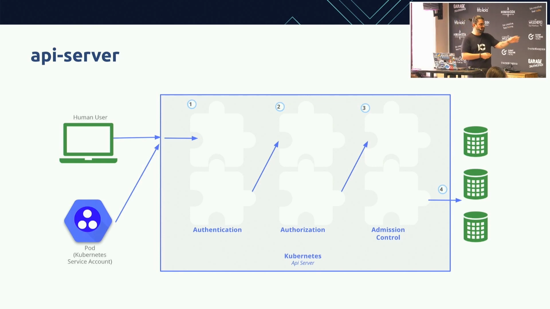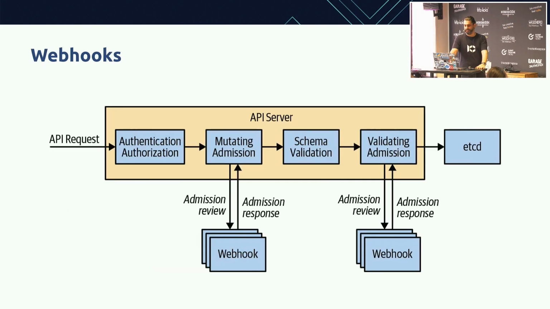And this is from the Kubernetes documentation. The API server has three stages for the incoming request. It does the authentication, then authorization, and then the admission control, and then it writes changes to etcd. With the admission control, you can do some webhooks, and you can do some mutations to the incoming deployment, and also do some validations as well.